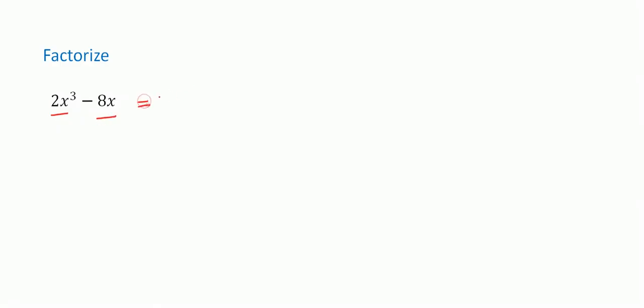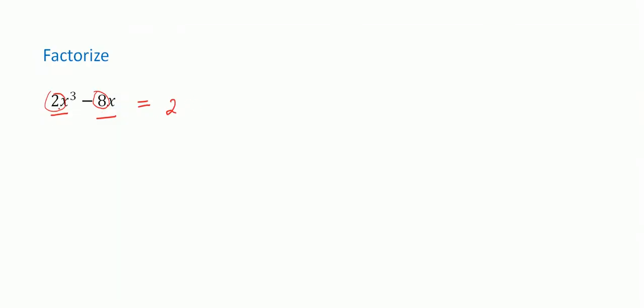The first thing we need to do is look at the coefficients, 2 and 8. We need to find the HCF of 2 and 8, which is 2. The HCF is the highest number that can go into both. So 2 can go into 2 and 2 can also go into 8.